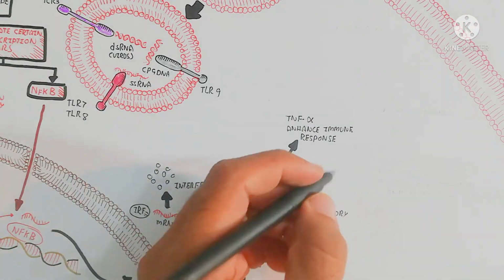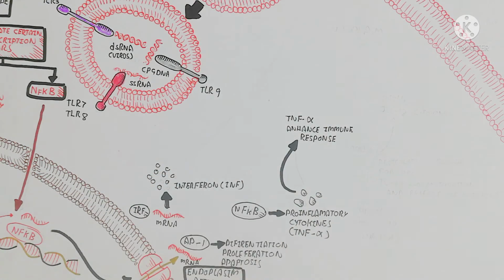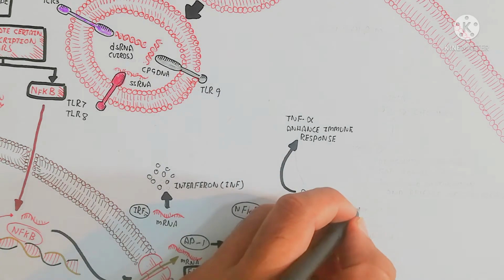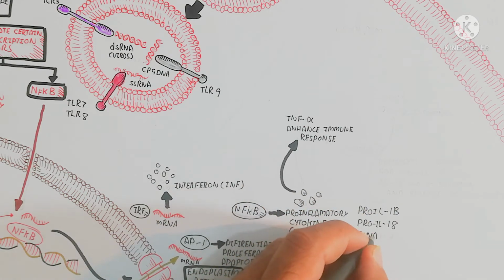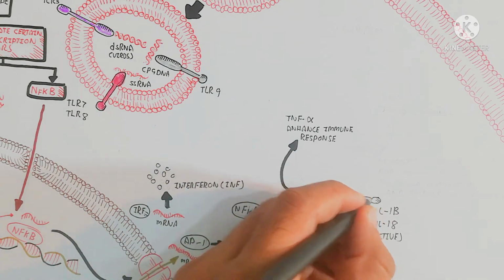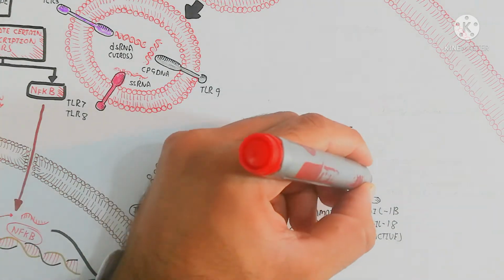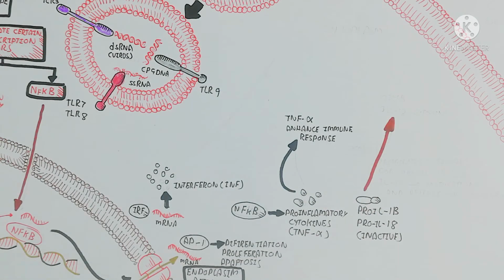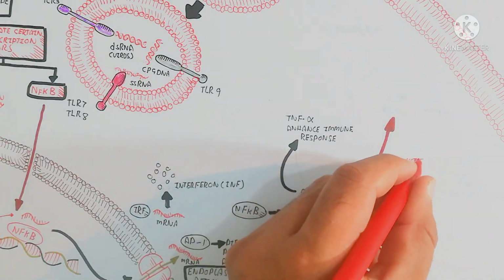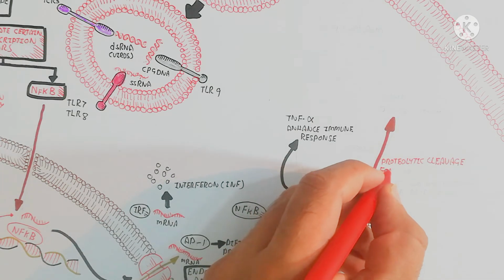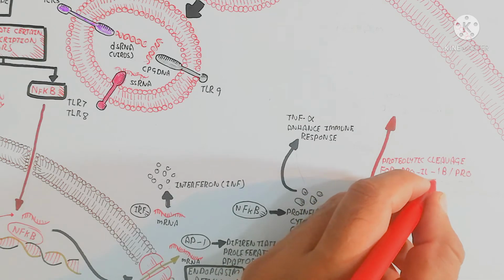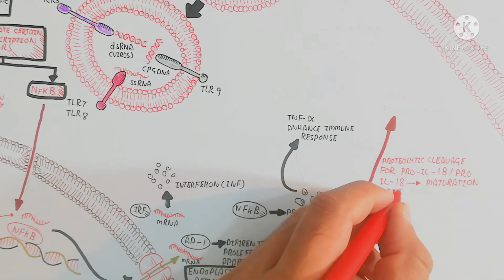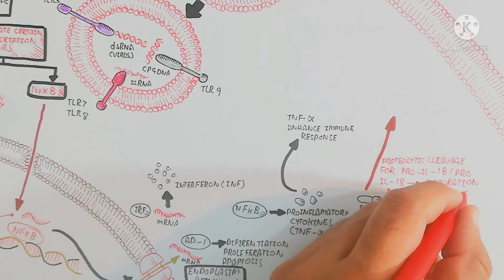On the other hand, pro-interleukin 1b and pro-interleukin 18 are inactive, and they require proteolytic cleavage for maturation and release of the cytokines.